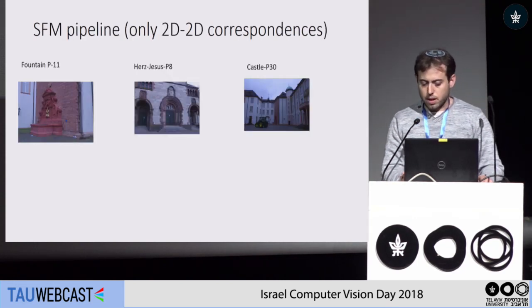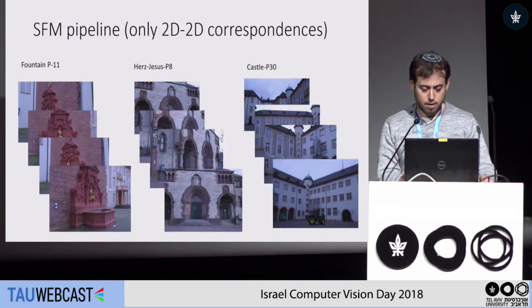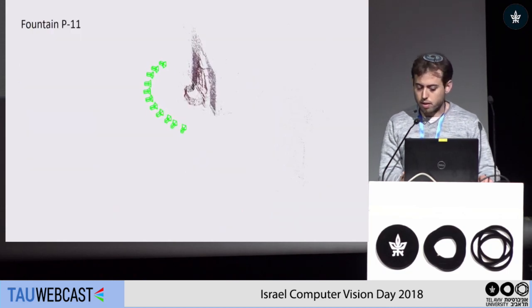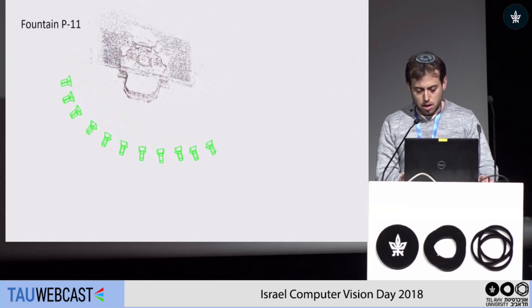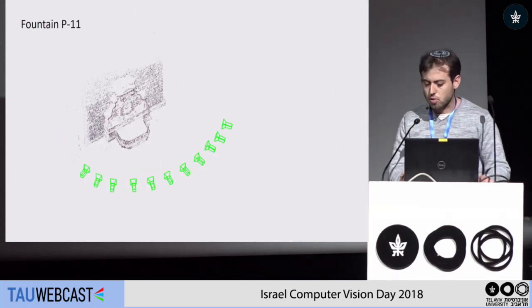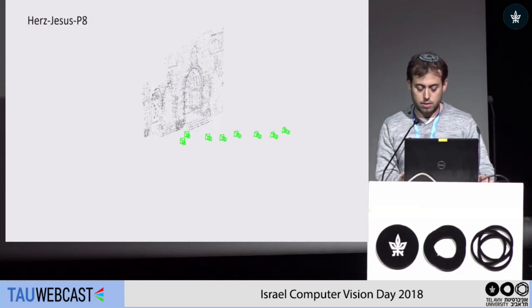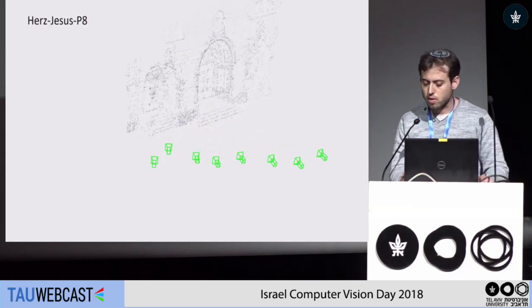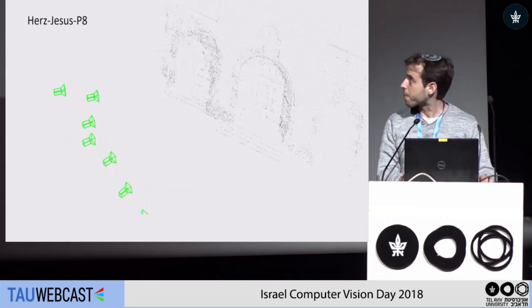We also implemented a structure from motion pipeline using only 2D correspondences for different data sets. Here you can see a visualization of our results. In our pipeline, we also started from 2 cameras and then added cameras one by one using only 2D correspondences, which we solved by our method.